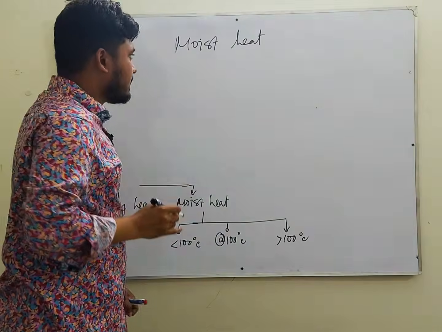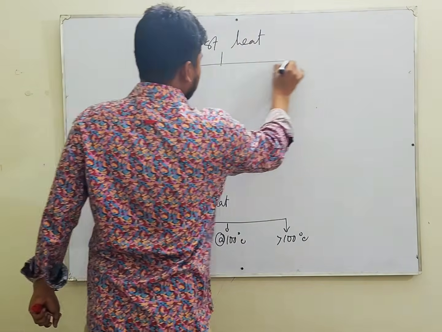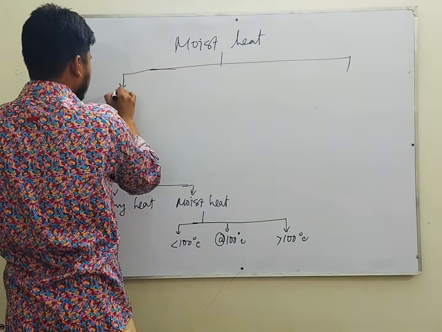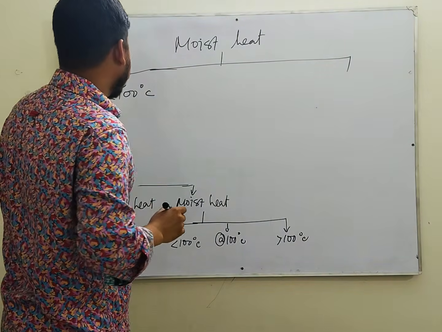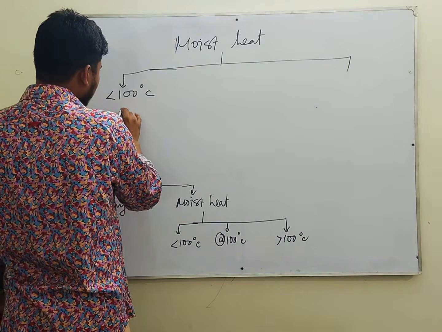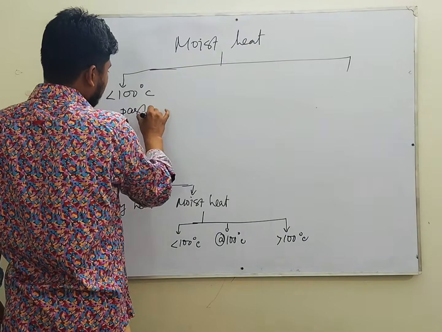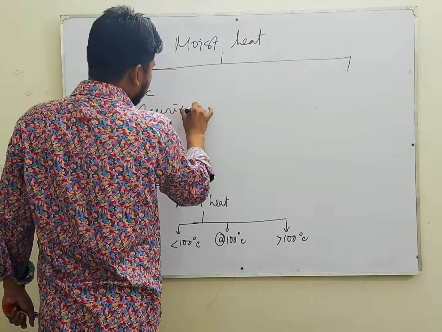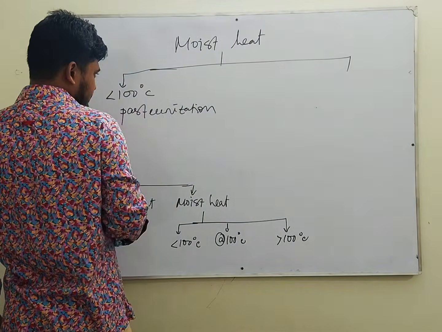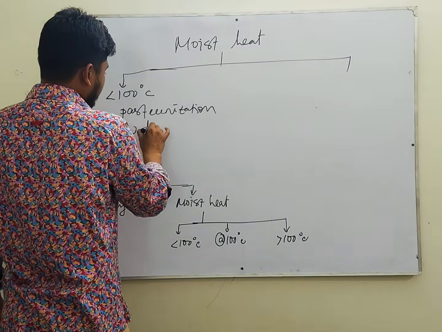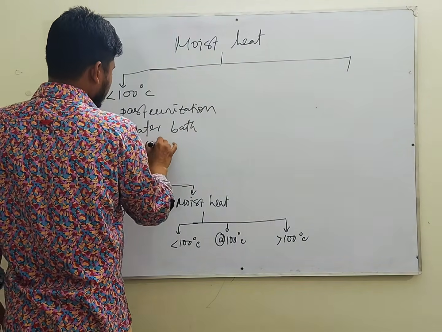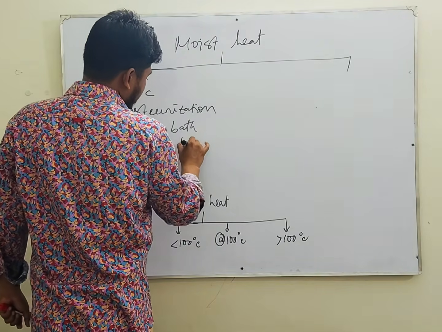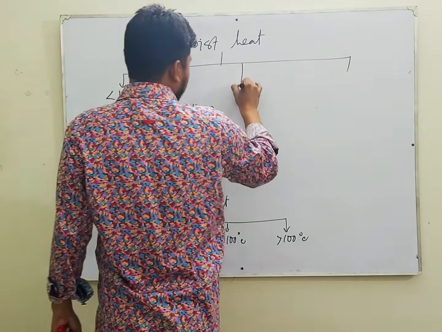Then come to moist heat method of sterilization. Below 100 degree centigrade temperature, the methods are pasteurization, water bath, vaccine bath.